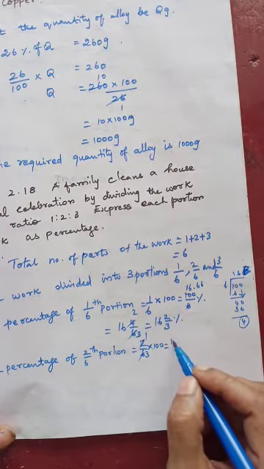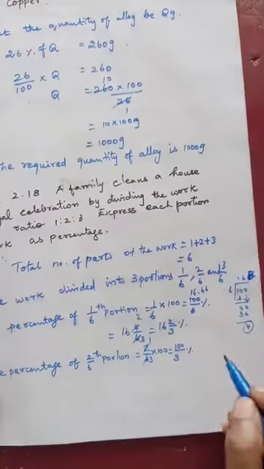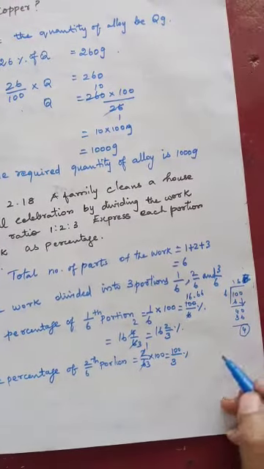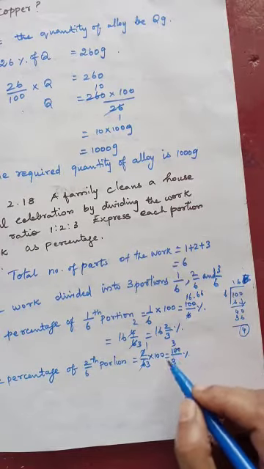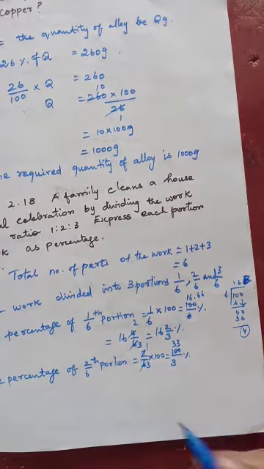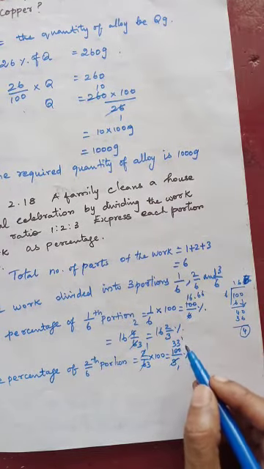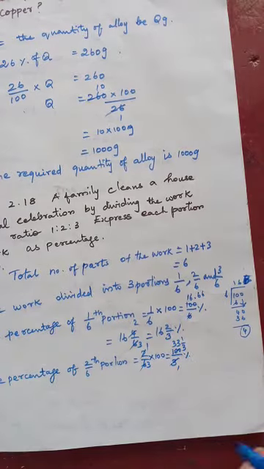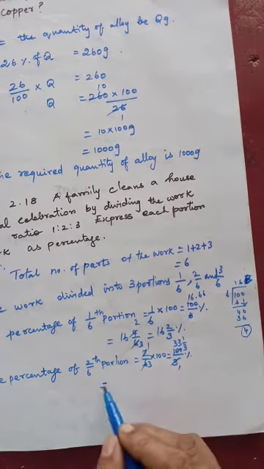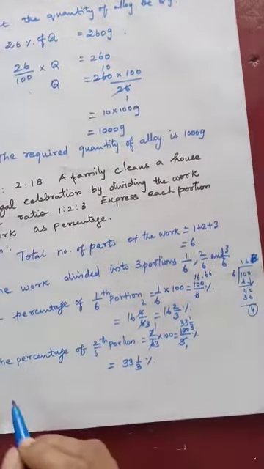And you can write this as 100 by 3 percentage. So you divide. 3 3s are 9. Okay. Again, remainder 1, 3 3s are 9. Okay. Remainder 1 by 3. So 33 1 by 3 percentage.